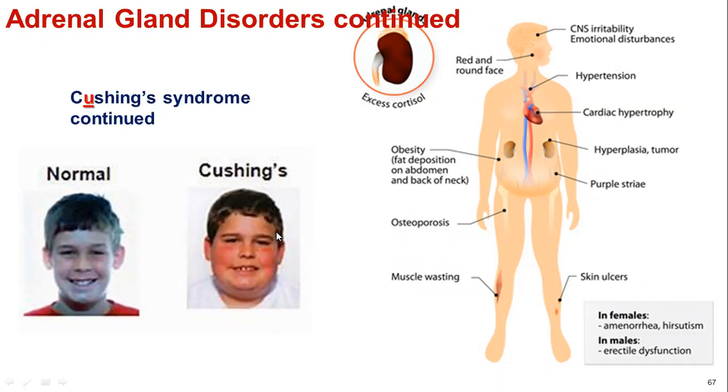So if anybody has Cushing, they gain weight, moon face, buffalo hump, increased abdominal girth, all of the signs of Cushing. In this picture showing from head to toe the sign and symptom. Let me read it.